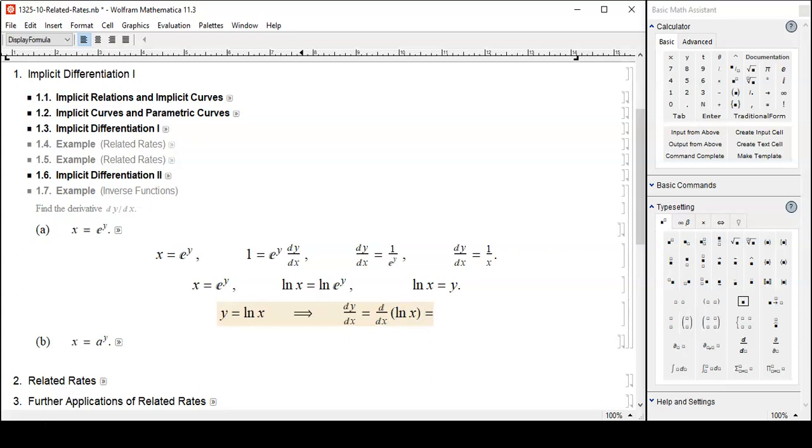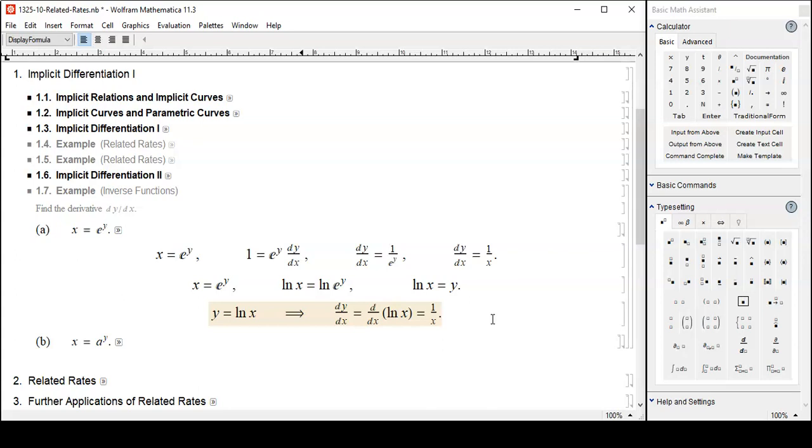And what's the derivative of the log function? We've been using this for a while. It's 1 over x. So what did we just do? We proved the derivative formula of the natural logarithmic function that we had been using for quite some time.